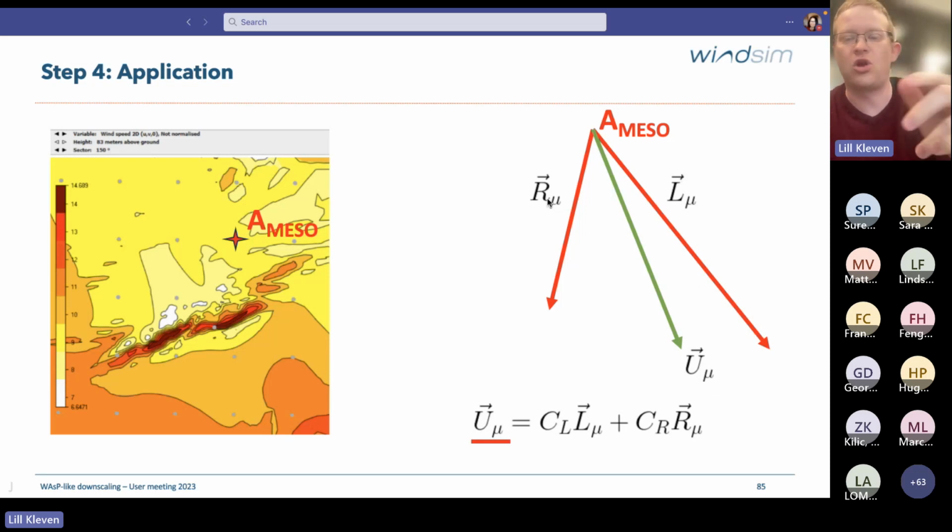We know what the wind speeds are on the right-hand side and the left-hand side sectors, and we know the multipliers. So it's just a vector sum to calculate now at every instant in time at the mesoscale point what the microscale wind is going to be.